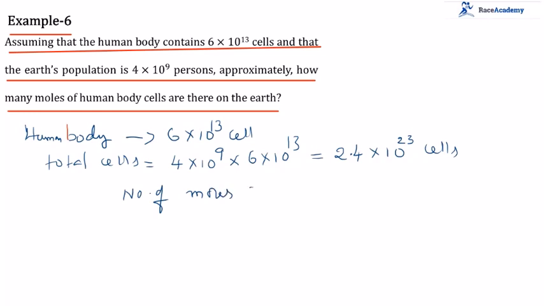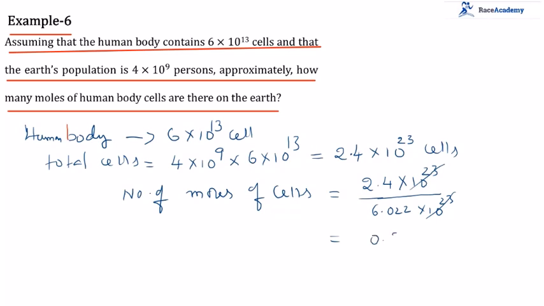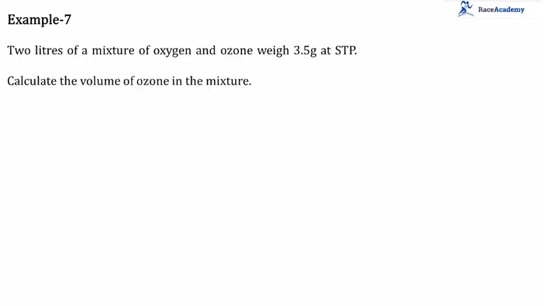Number of moles of cells present is equal to 2.4 into 10 to the power of 23 divided by Avogadro number 6.022 into 10 to the power of 23, which will become equal to, these will get cancelled, 0.398 moles. This is the number of moles of human body cells on the earth. That is the answer for this question.